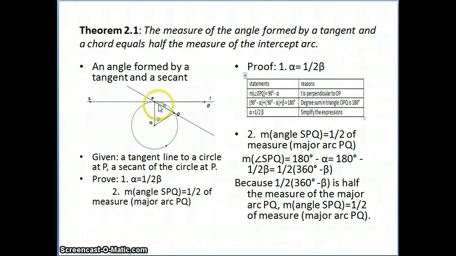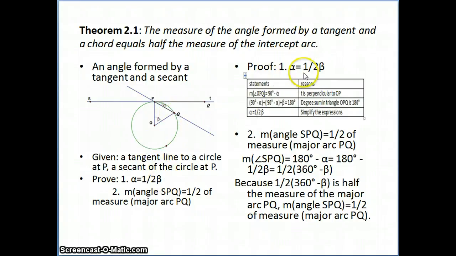The measure of the central angle is also considered the measure of the intercepted arc PQ. And we also need to prove the bigger one, SPQ, is also half of the major arc PQ.